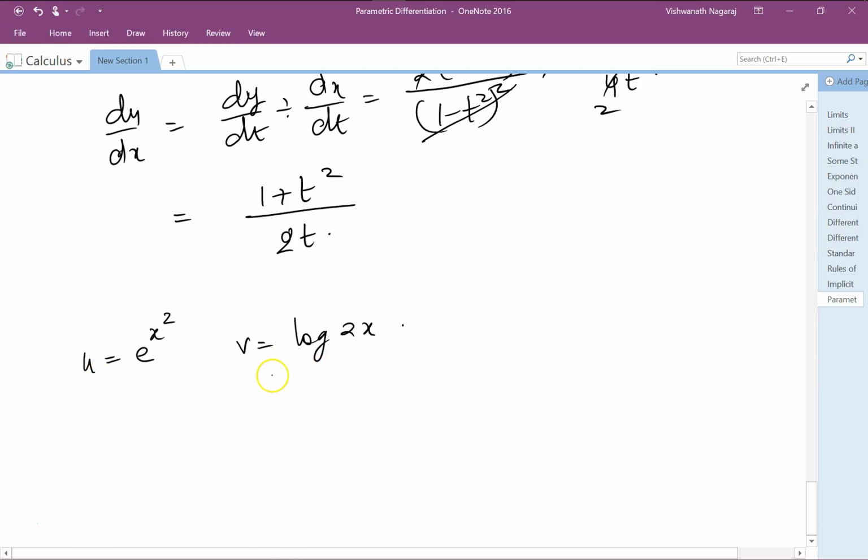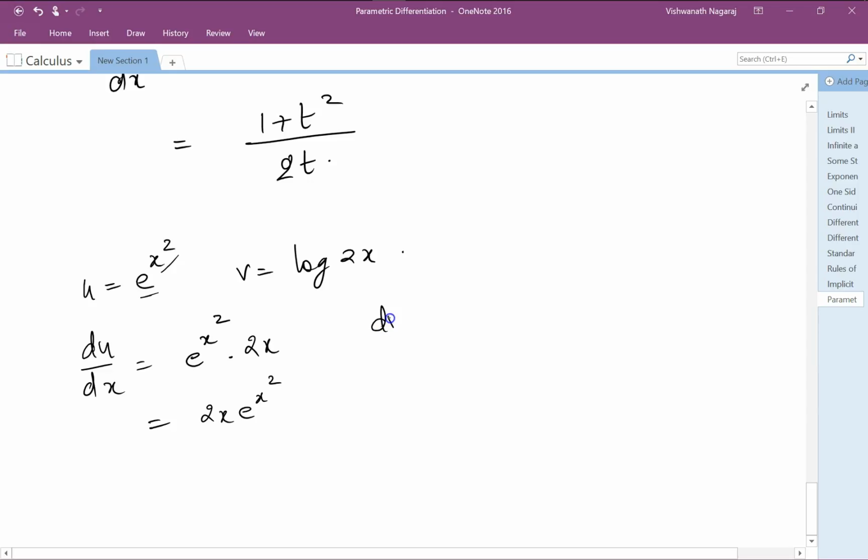So just to avoid any confusion, this is like our x and this is like our y. So du by dx is equal to, now what's the differential of this? First of all, you start with e itself. So e to the x square doesn't change. Then take the next one, x square, that is 2x, which is 2x e to the x square.